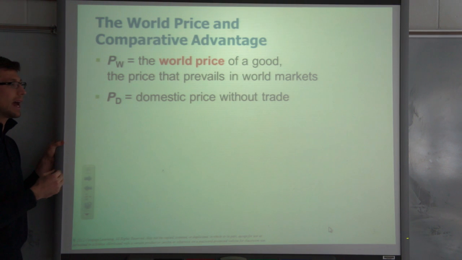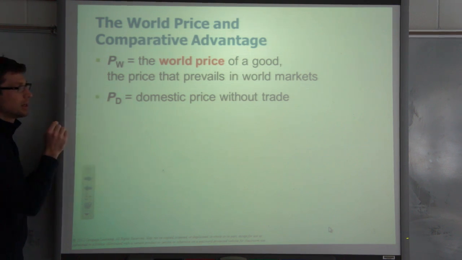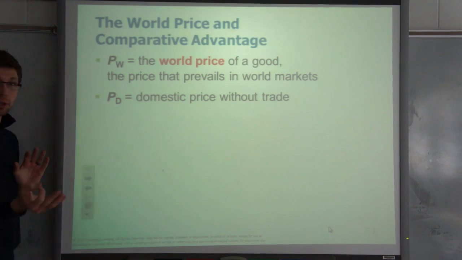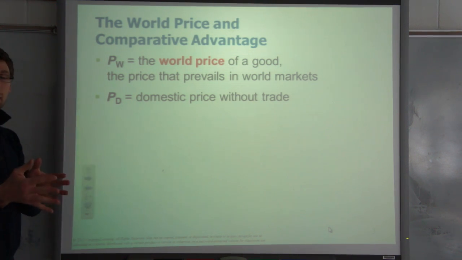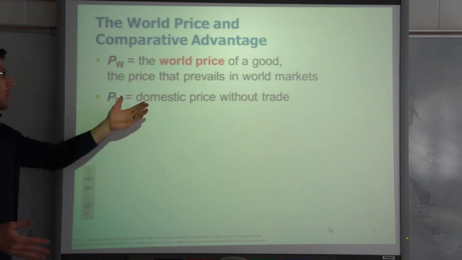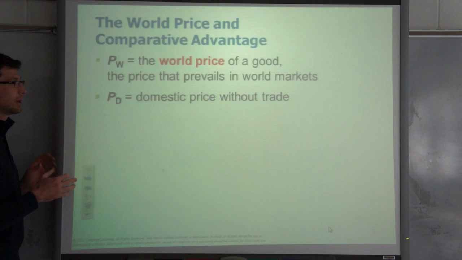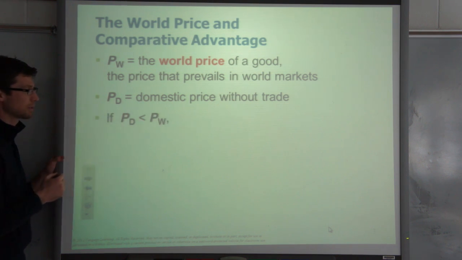We're also going to say we have P subscript D, or the domestic price without trade. When domestic supply meets domestic demand, we're going to have a price that will be determined in that country without trade, a domestic price.